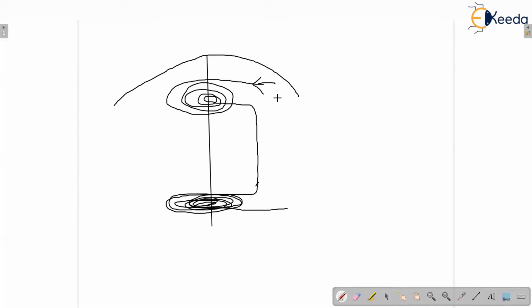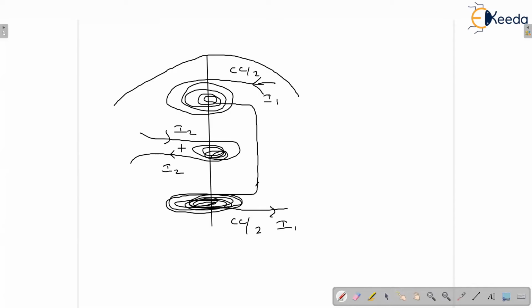This is I1, the current through current coil, Cc by 2, Cc by 2. Now the pressure coil, I2 coming in and going out. So my pointer is moving with what coil? It is connected to the pressure coil.